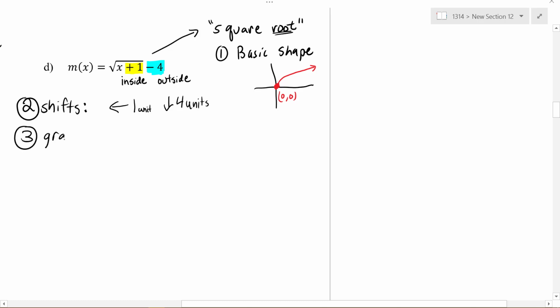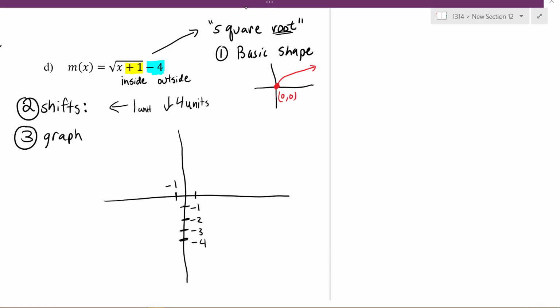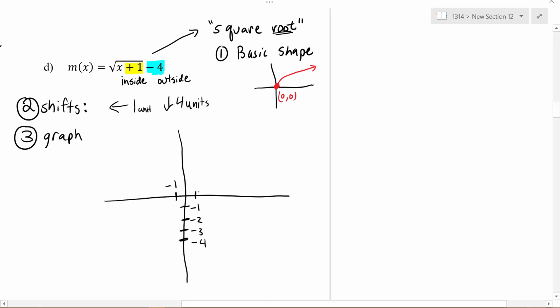Okay, so now we're going to do the graph. We'll just do a little bit of labeling. Okay, so I'm going to start at the origin point, and we're going to follow our directions.